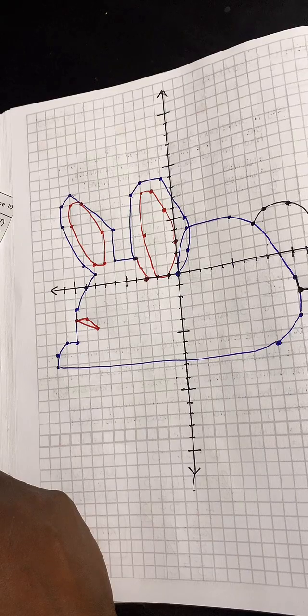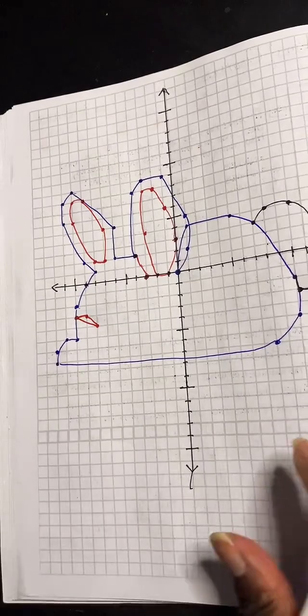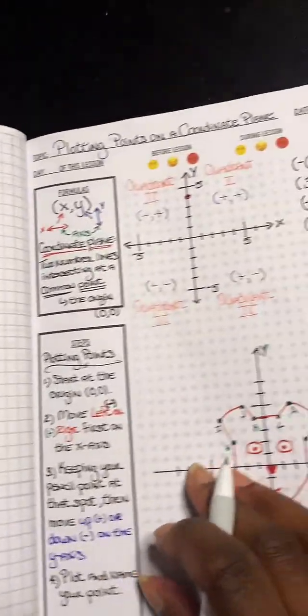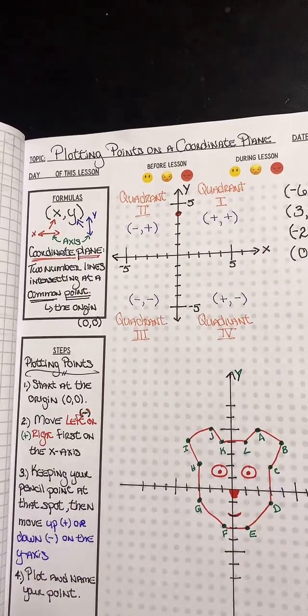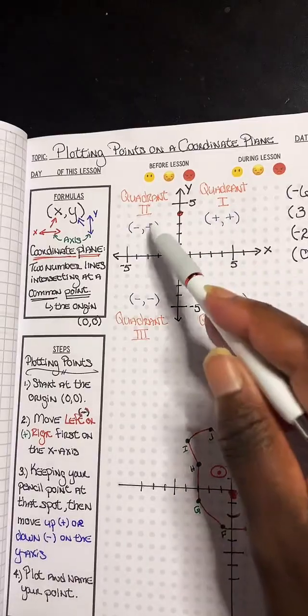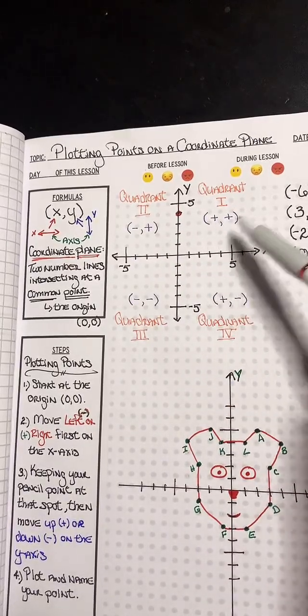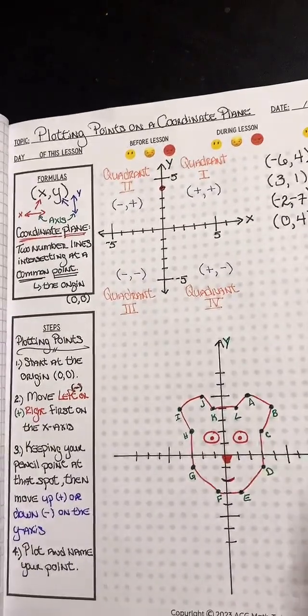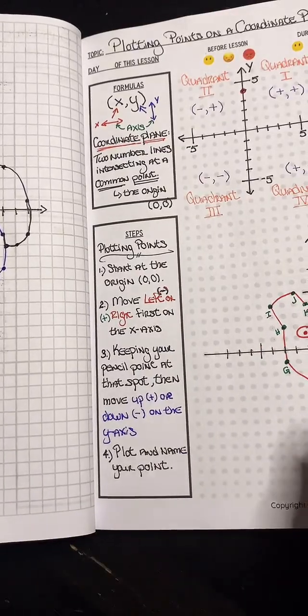Just trying to figure out what math are you doing. Right now, I am plotting points. So that's the part that you kind of missed a little bit. So plotting points on a coordinate plane. So looking at the different quadrants, and then where would those points go and how to plot a point. So remember, it's always like your X, then your Y's.